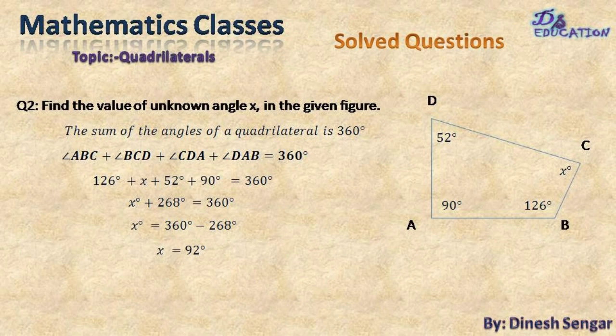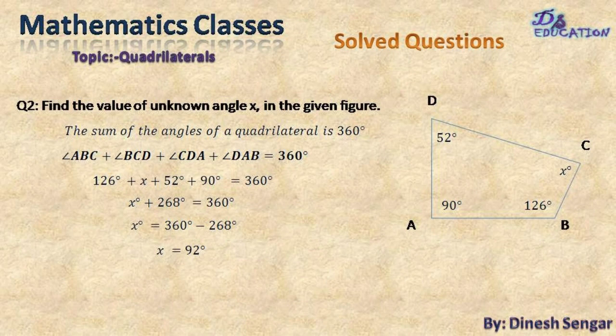Four angles are given: 90 degrees, 126 degrees, x degrees, which we have to calculate, and 52 degrees. We already know that the sum of all the angles of a quadrilateral is equal to 360 degrees. Substituting the values, 126 degrees plus x plus 52 degrees plus 90 degrees is equal to 360 degrees. Adding them, x plus 268 is equal to 360 degrees.